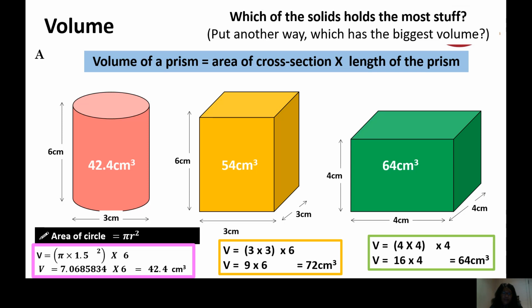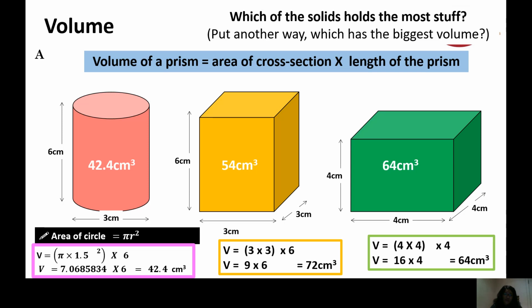The diameter here is 3 centimeters, so the radius is 1.5, squared times pi. The answer is 7.0685834, and we multiply by 6 to get 42.4 centimeters cubed for the volume.